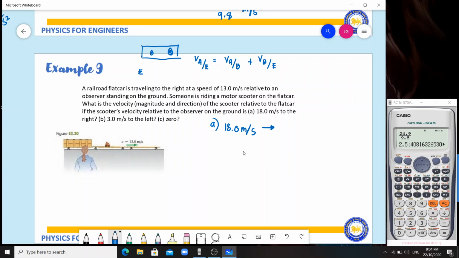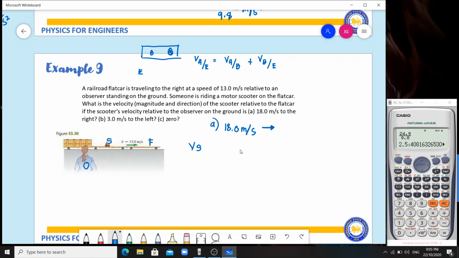So, kung halimbawa ito, ang hinahanap is what is the velocity, magnitude, and direction of the scooter relative to the flat car. Okay? Let's say for example, ito yung observer, ito yung scooter, tapos F. So, ang hinahanap natin is velocity of the scooter.